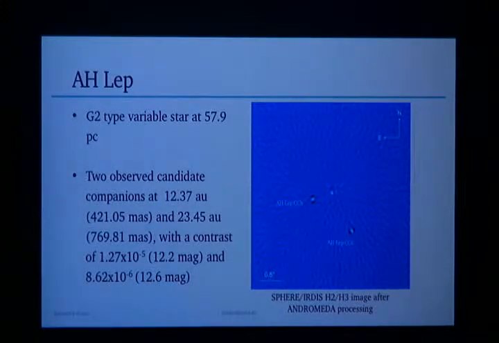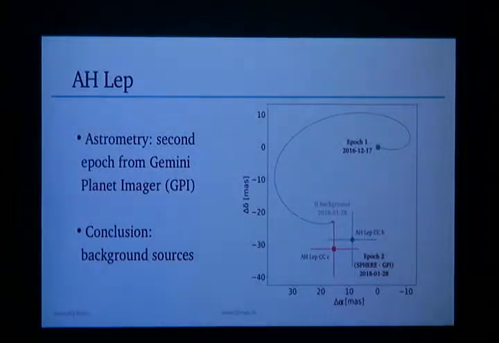But of course, it's not enough to detect the companions visually, but you also have to make some additional tests to see if these companions are actually bound to the system. So one of the things that one can do is an astrometry test, which is what we did.